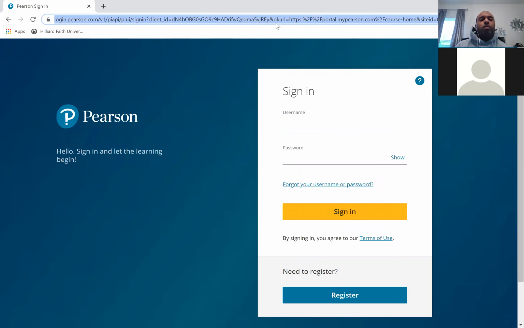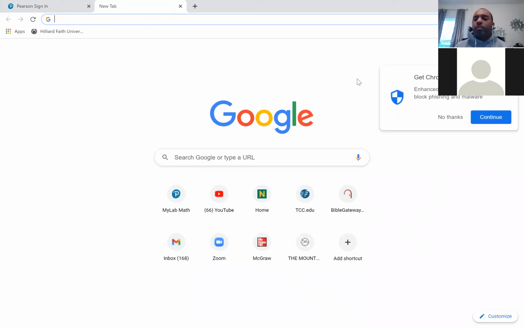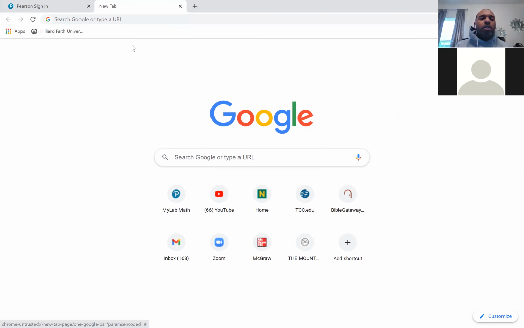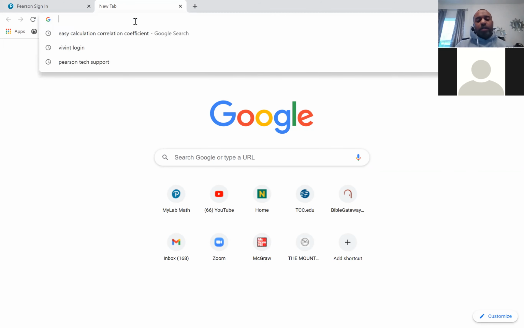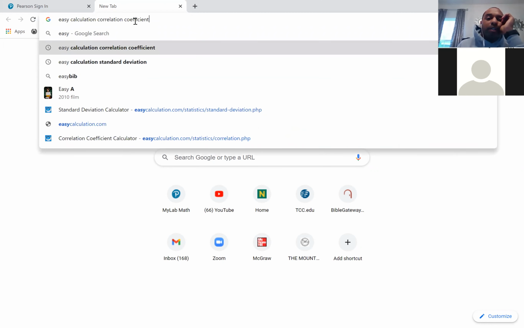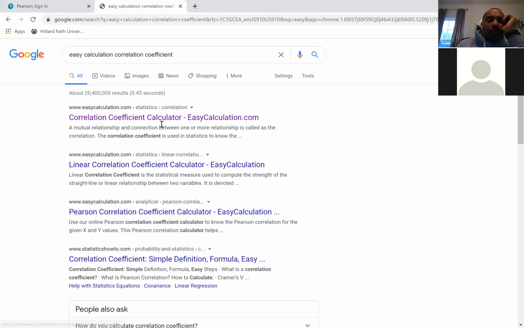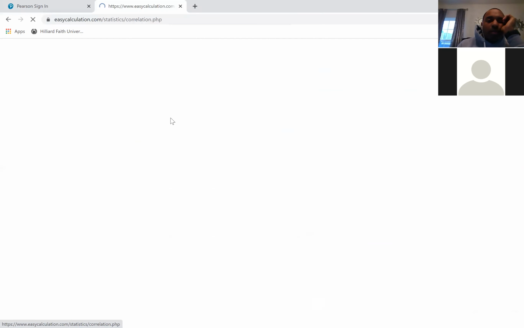All right. So, like I was mentioning before, you want to find something that will help you be able to calculate this. Remember, I said easycalculation.com is one. So I would type in easy calculation, correlation coefficient, and that would be the first one.